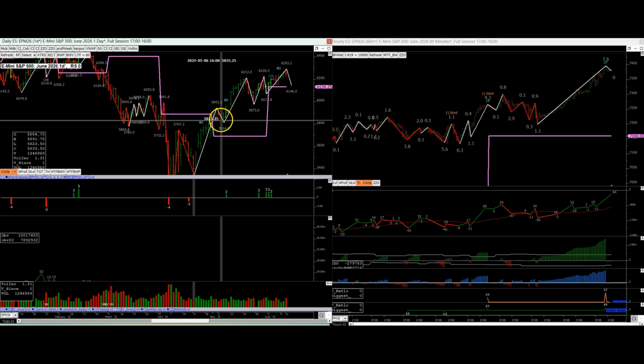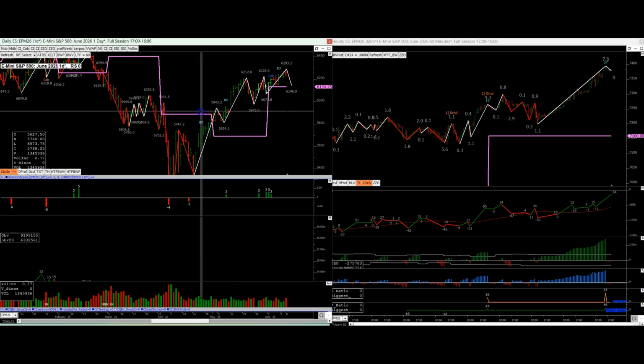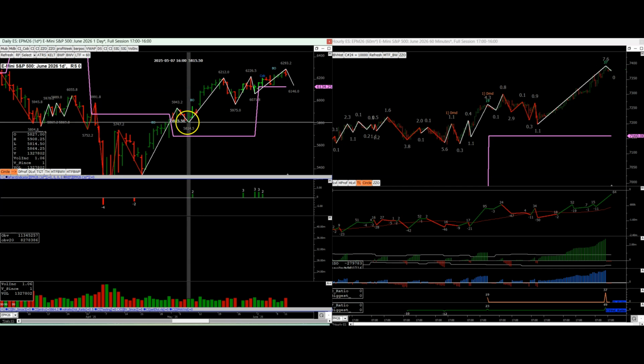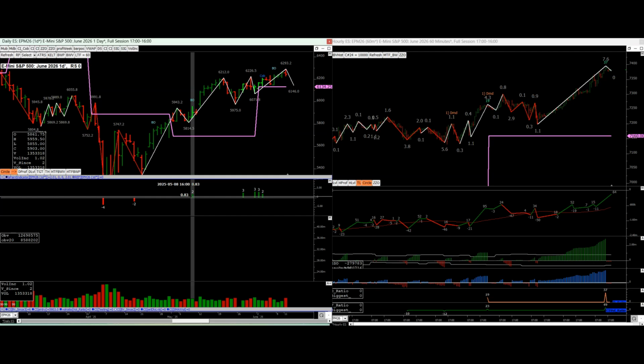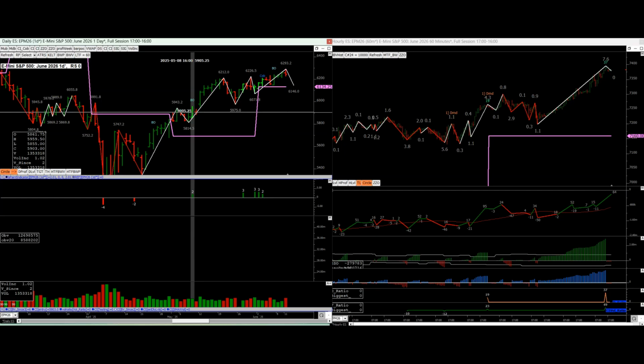Here we see a rally, now you got a pullback, then this bar here, after the pivot, has a wave that is twice the size of the average up wave in volume. Twice the up wave volume average. All right, that means it becomes like a signal.